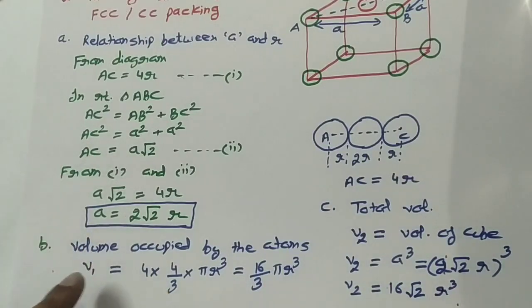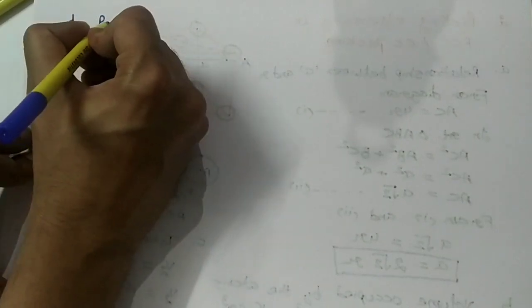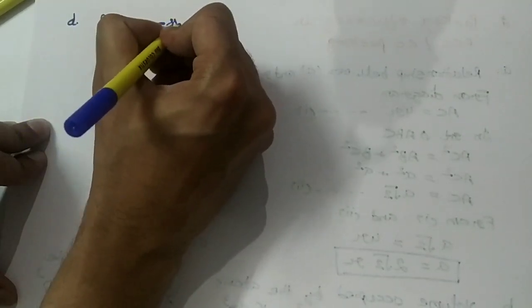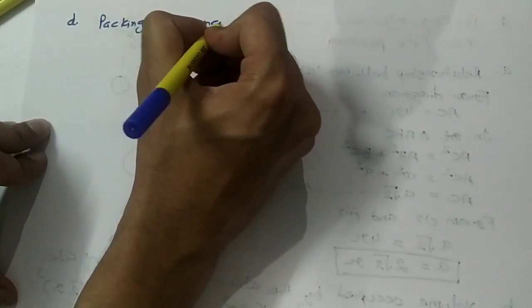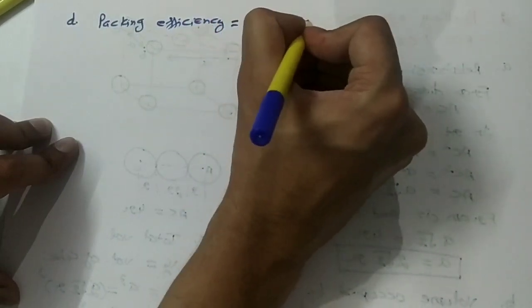Now we have volume occupied by the atoms and total volume available. From this data, we can easily calculate packing efficiency. Last is D, packing efficiency. Packing efficiency is V1 upon V2 into 100.